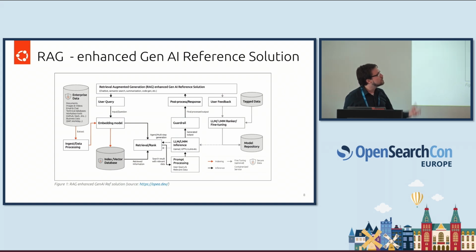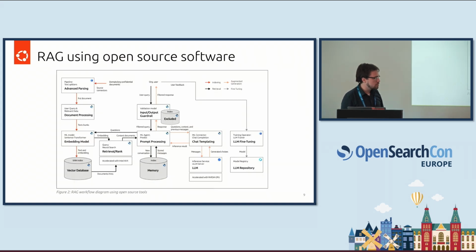Now, this is a very nice architecture. It's very real for us. And the question we wanted to answer at Canonical is, OK, how can we make it with open source, given we are an open source first company? And after looking into the landscape, after testing some tools, we got down to 2 main tools for us, OpenSearch being one, and essentially running the 2 pipelines as we discussed.